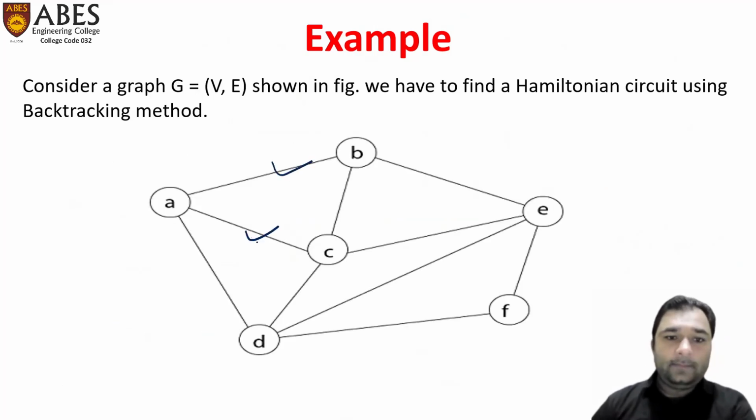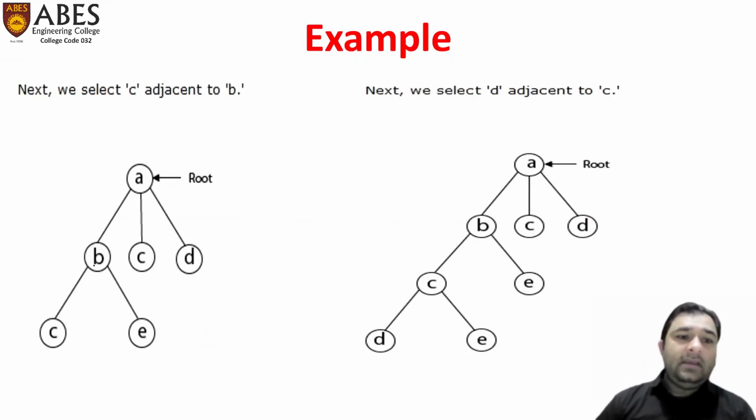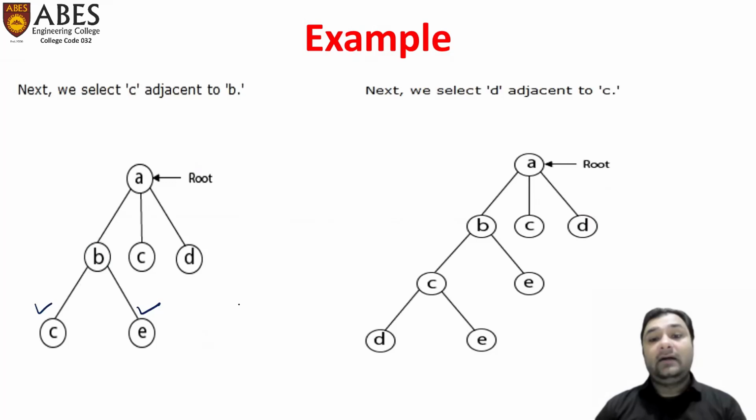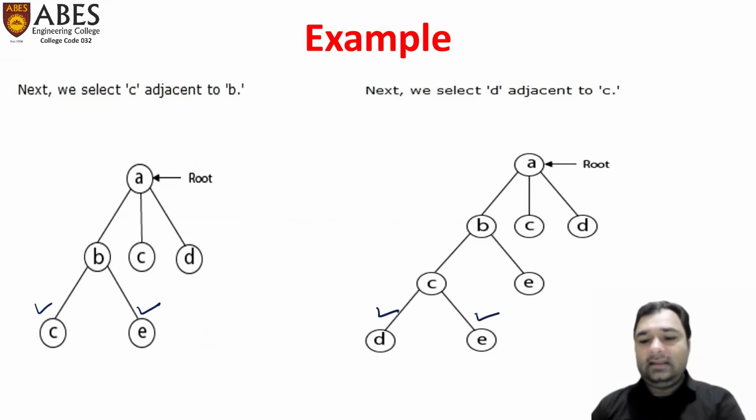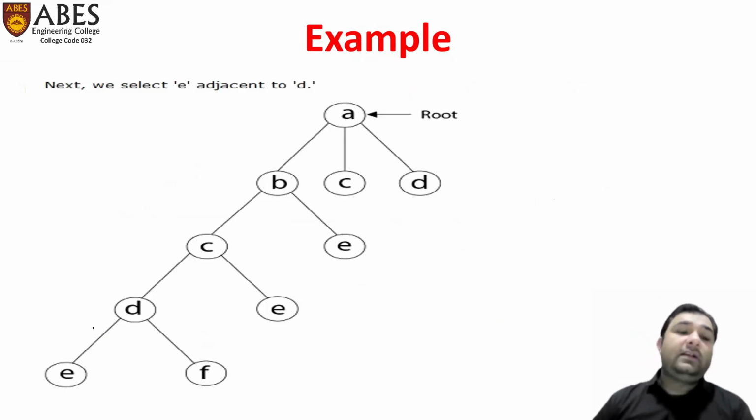After seeing the adjacent vertices, we simply keep on exploring B. If we see B, we have seen the adjacent to B are C and E in our graph. Then we see C, then we see the adjacent to C are D and E. We keep on exploring the leftmost vertex because we are following DFS. As in backtracking, we must follow a depth first approach.